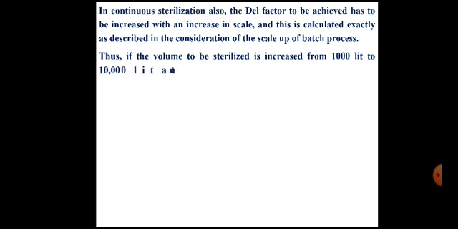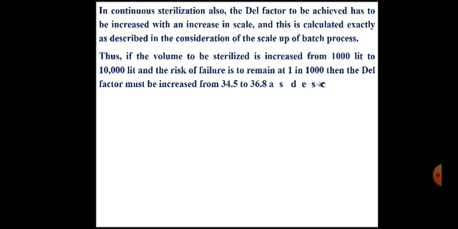Therefore, if the volume to be sterilized is increased from 1000 liters to 10,000 liters, and the risk of failure is to remain at 1 in 1000, then del factor must be increased from 34.5 to 36.8 as described in the earlier example.